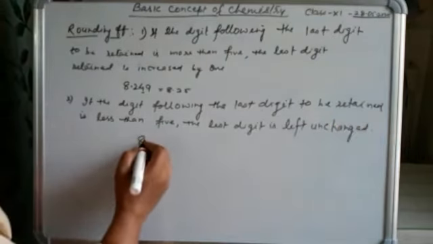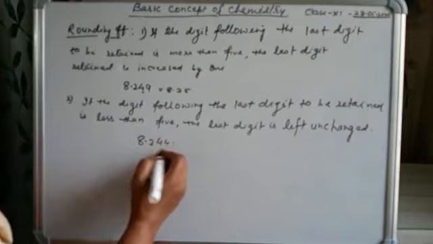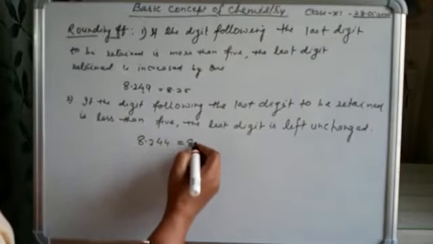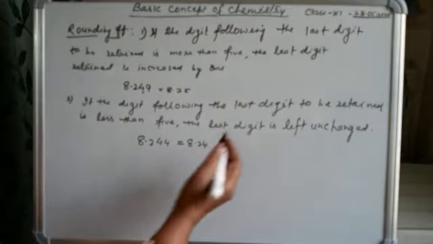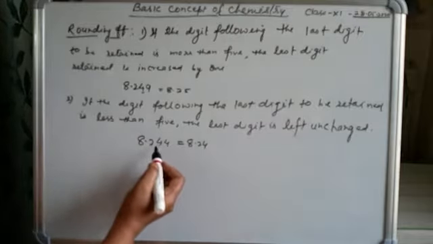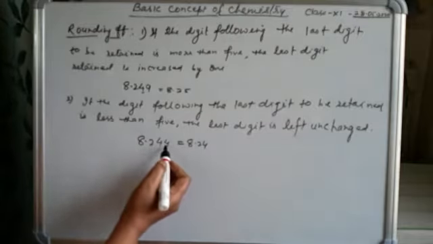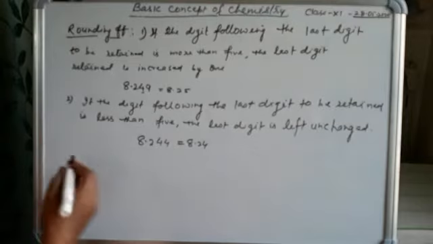For example, 8.244 becomes 8.24, because the digit following the last retained digit is less than 5, so it is left unchanged.